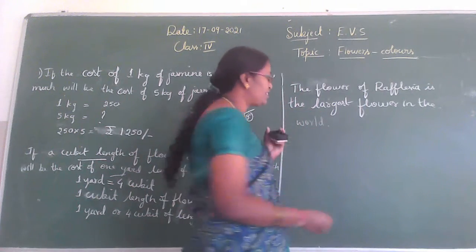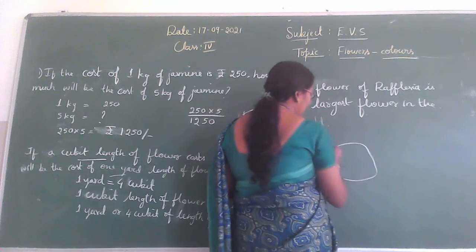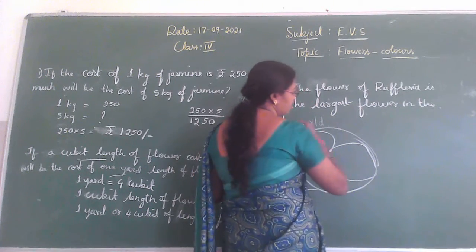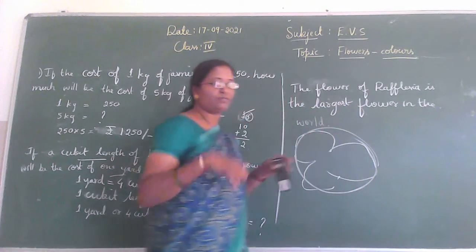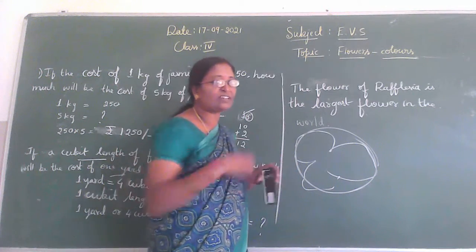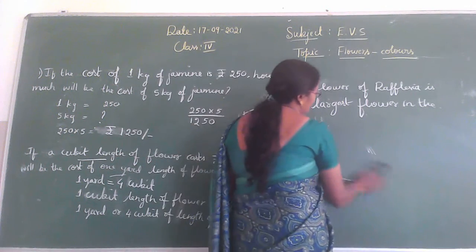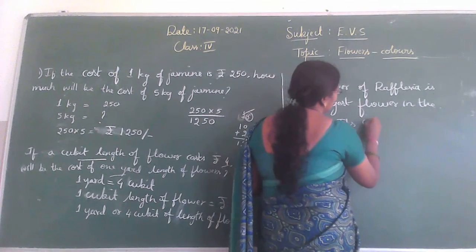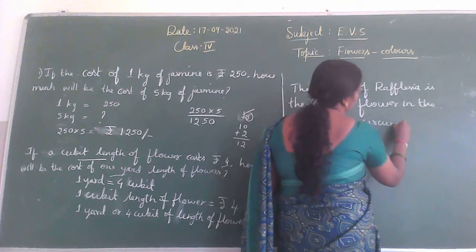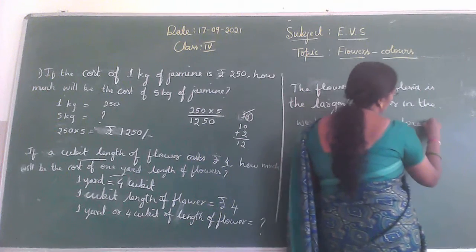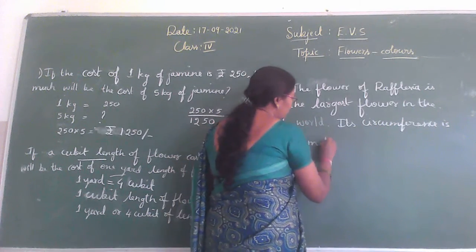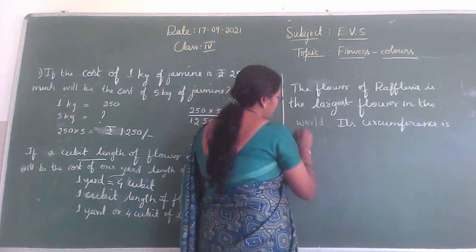Its circumference, that is, if it is a flower, see here, its circumference is 1 meter. How much? 1 meter.